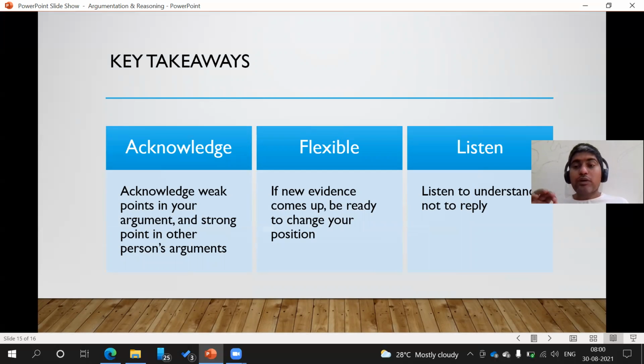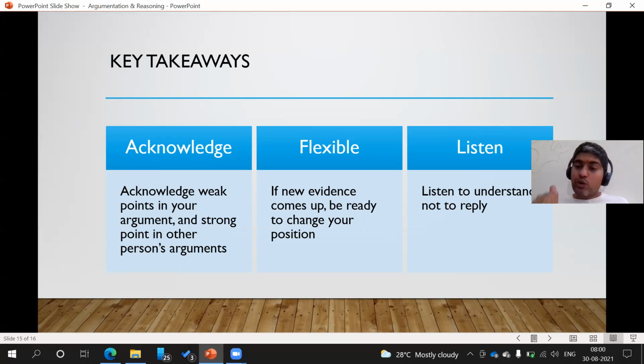Acknowledge that your argument may be weak, or you may not have the complete data or information to make a good claim. Acknowledge weak points in arguments and acknowledge that others can make strong arguments. And it is not necessary that you have to accept everything in toto. If someone is making 13 claims, you could accept 3 as really strong claims, 2 as reasonably strong, and the rest as weak claims, or ones that can easily be falsified.